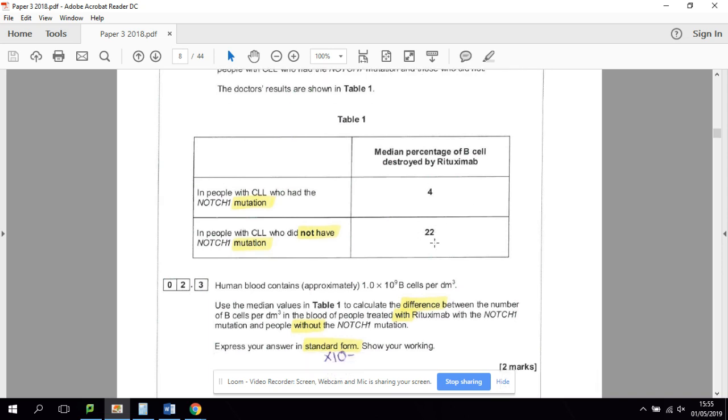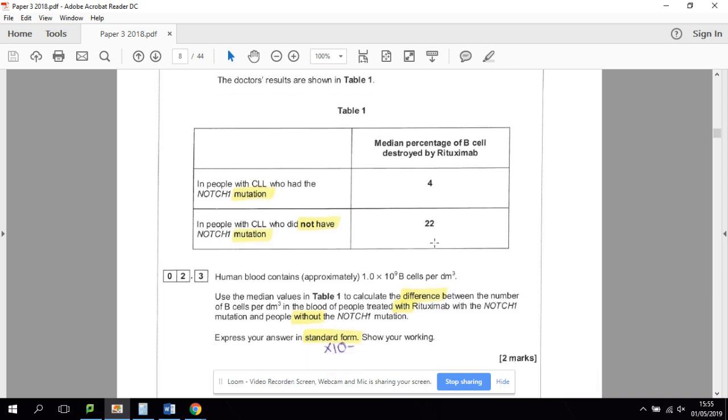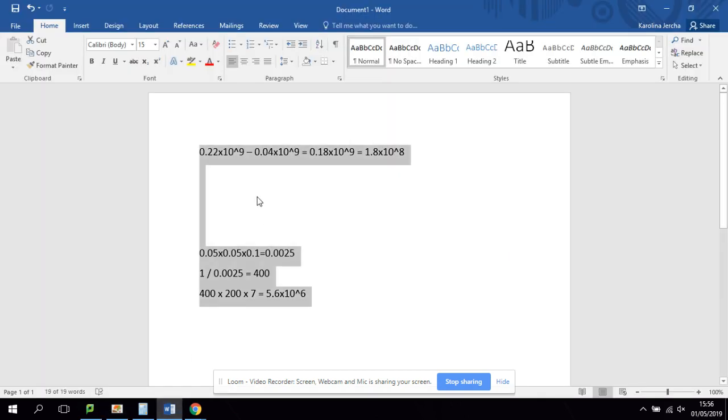And I told you that they contain approximately 1 × 10 to the power 9 B cells per decimetre cubed. Your task is to calculate the difference between the numbers with mutation and without the mutation, changing the percentage to numbers. So let me open the working out for this question.